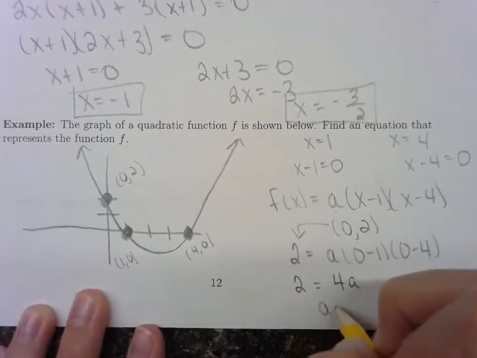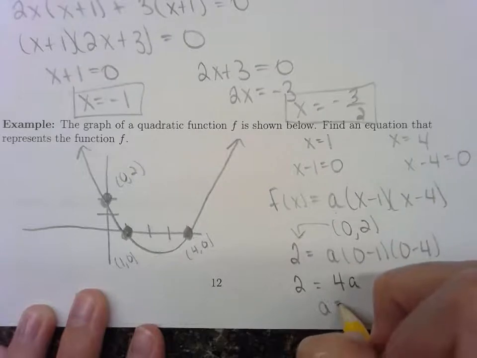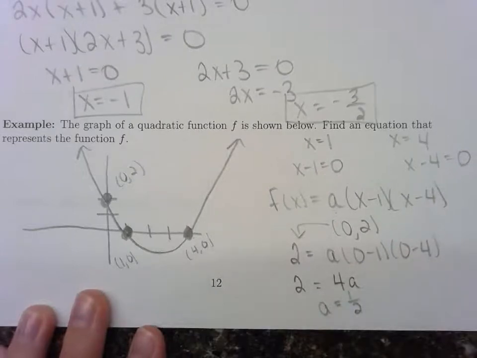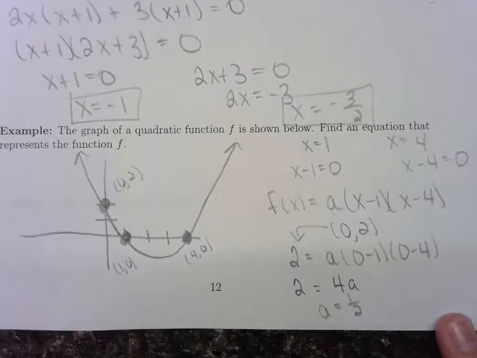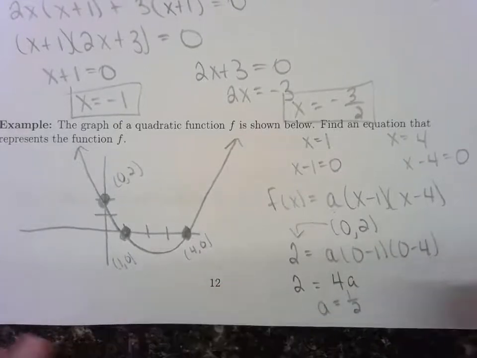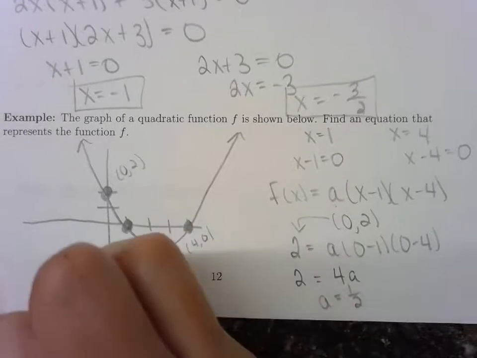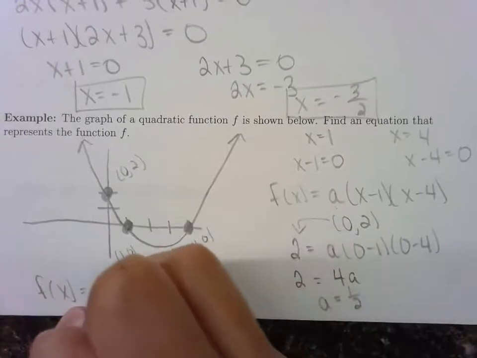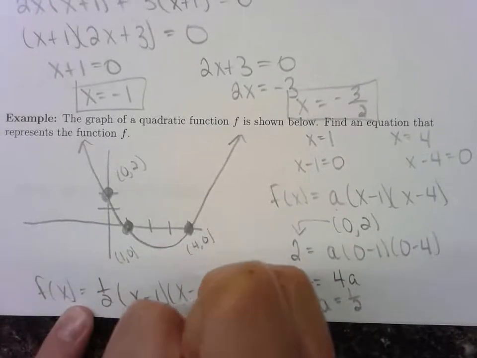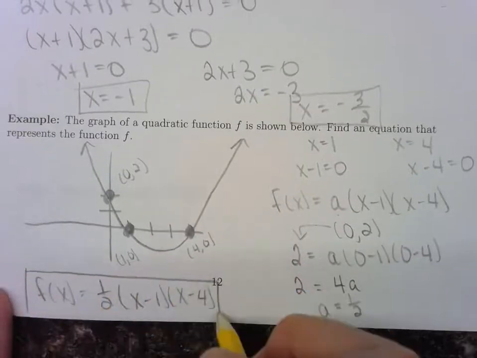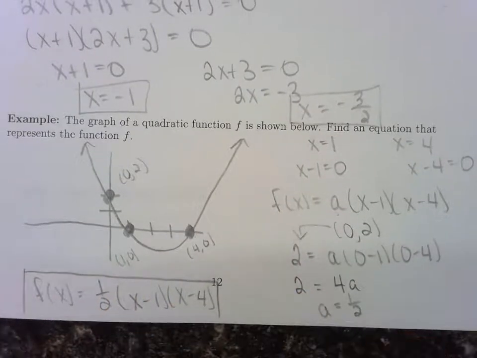So then a is 1/2. Divide by 4 on both sides. So then our function, which I'll write down here, is 1/2 times x minus 1 times x minus 4. And then we could go ahead and distribute out and have it in general form, but that's fine the way it is. So when you have factors like that, that gives you the zeros of the function.